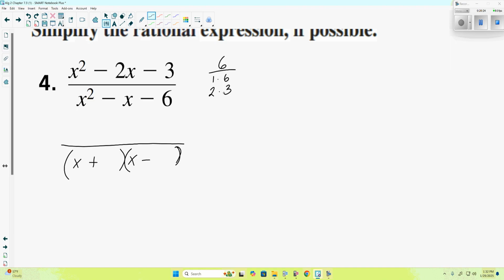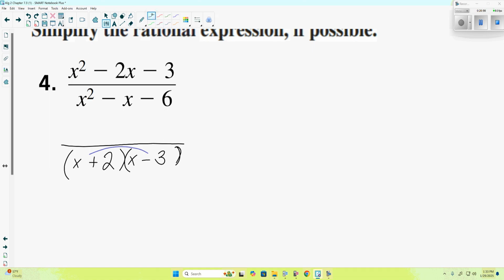Which one do you want positive, which one negative? Is the middle term positive or negative? Let's check it. X times negative 3 would be negative 3x. 2 times x would be positive 2x, giving us a negative x. That is the middle term we want.